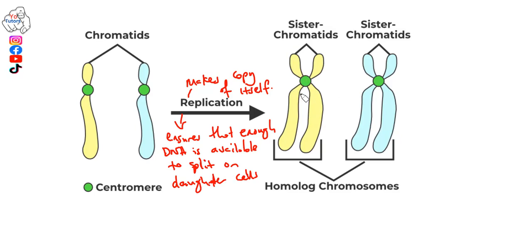When these two chromatids come together, we can see that they are of the same size and shape. And what it means is that we call these homologous chromosomes. Homologous chromosomes are chromosomes where one is from the mother and the other is from the father.